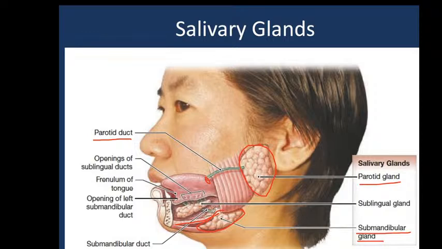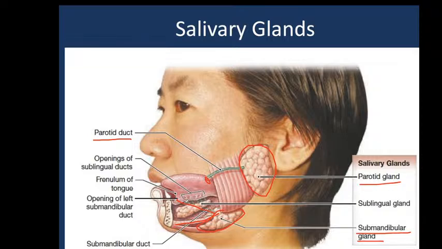The duct of the submandibular glands comes through the mylohyoid muscles and opens into the mouth on either side of the frenulum of the tongue, immediately posterior to the teeth.